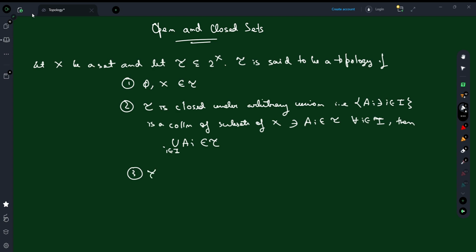And number three, tau is closed under finite intersection.